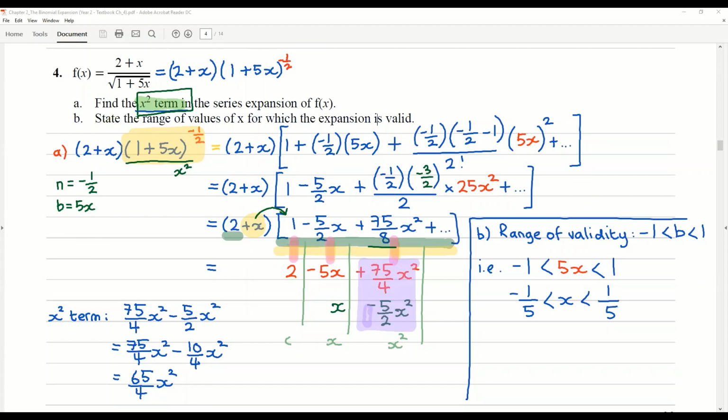Now, just to conclude, we have to have a range of validity because of the expansion. This expansion here requires a range of validity. Obviously, if you're considering 2 plus x over here, you can put whatever you like into 2 plus x. There's no restrictions at all on x, but because we have this expansion here, we have to take only the values of x that are valid for that expansion.